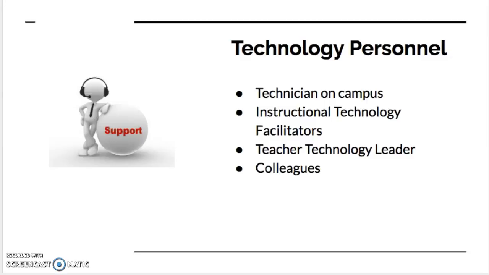There's a technician on each campus throughout the day at some point. There are also instructional technology facilitators you can reach out to. There is a teacher technology leader at each school, and your colleagues are your best source of resources when looking for ways to support one another.